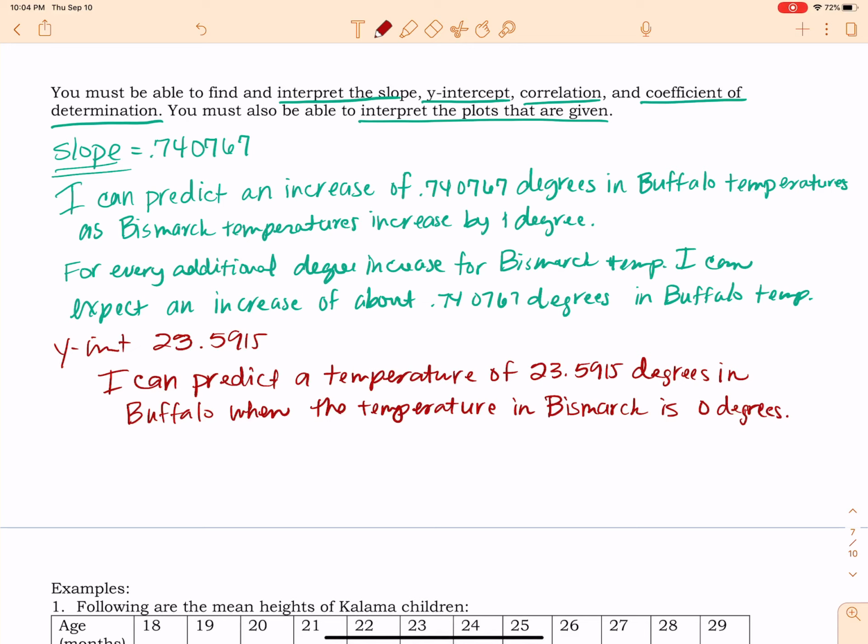Because when x is 0, we have our y-intercept, so Bismarck is my explanatory variable. So that's how I would do that.